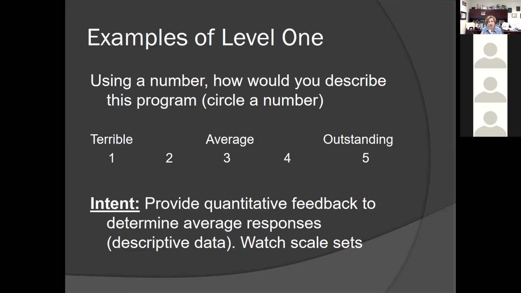Technically, the way this is put together, where it says terrible to outstanding, it should be reversed. You should always start with your outstanding and go to terrible. You should start with a positive and end with a negative when you're putting your scales together. And I forget to do that a lot of times as well.